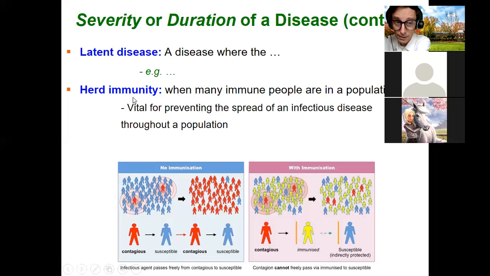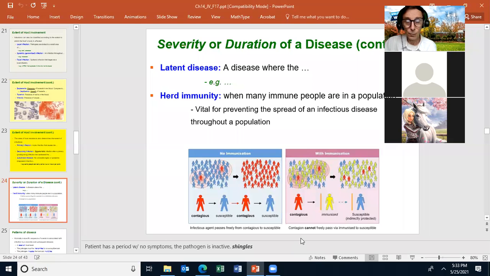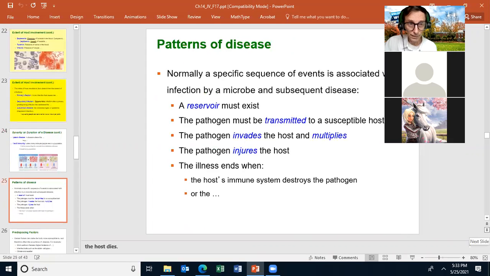But my hope is that it will largely go away in the United States in the summer because of herd immunity. Any question about any of that? We'll talk more about COVID-19 when we talk about viruses, which I think is our next lesson.